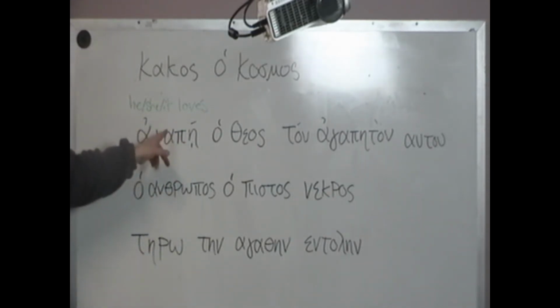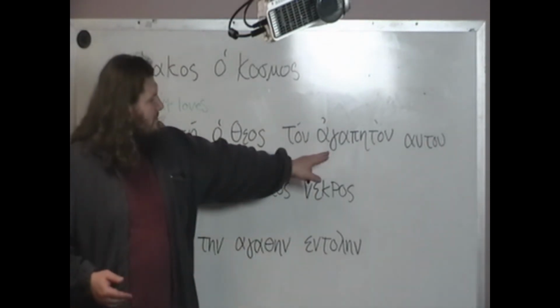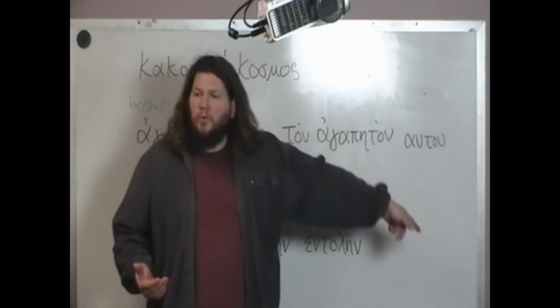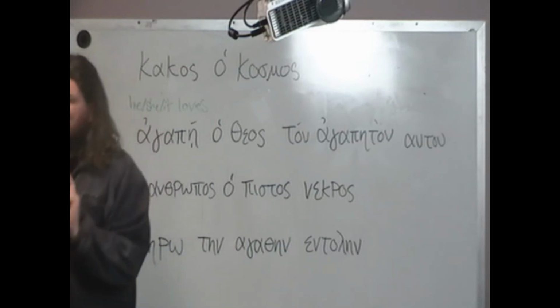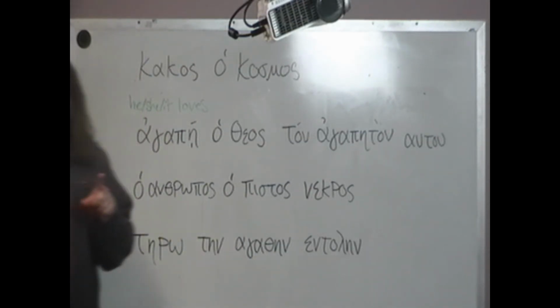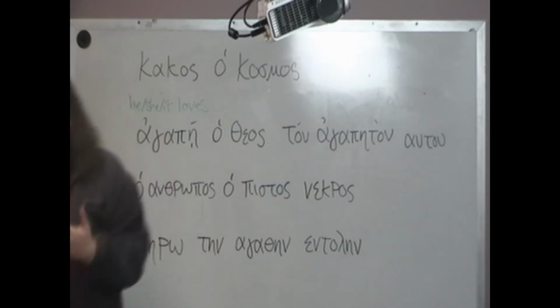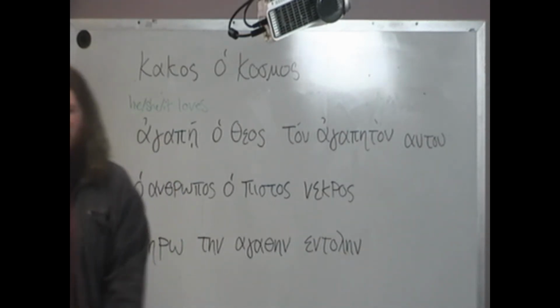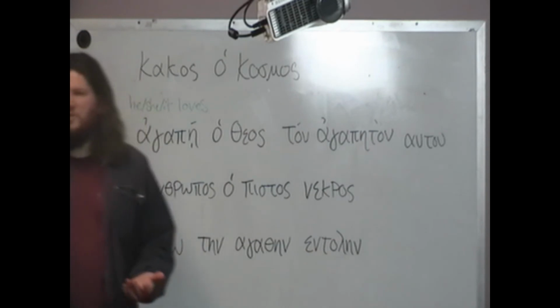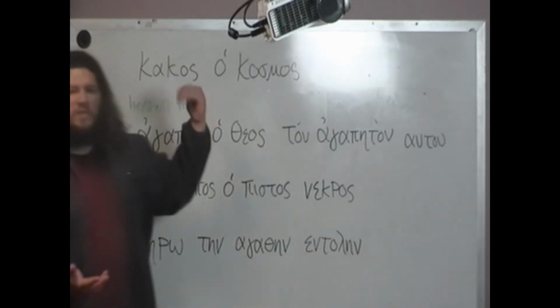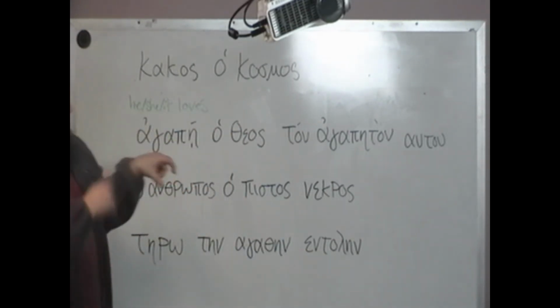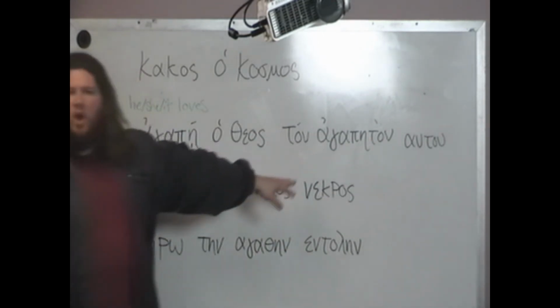So God loves the beloved, but then we have autou, which is from autos, which means he, but it's genitive. So of him, but here it's possessive. We don't say, this is the pen of him, we usually say this is his pen. So we switch autou to his, and then that kind of supplants the article in English.